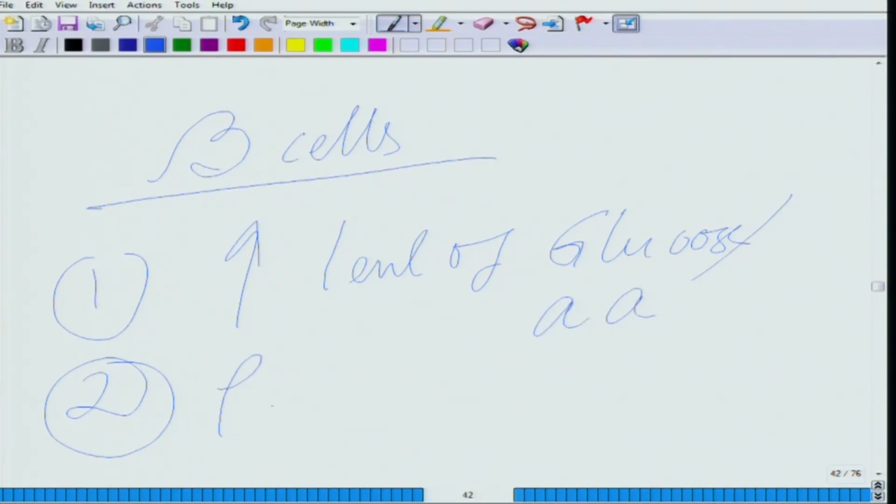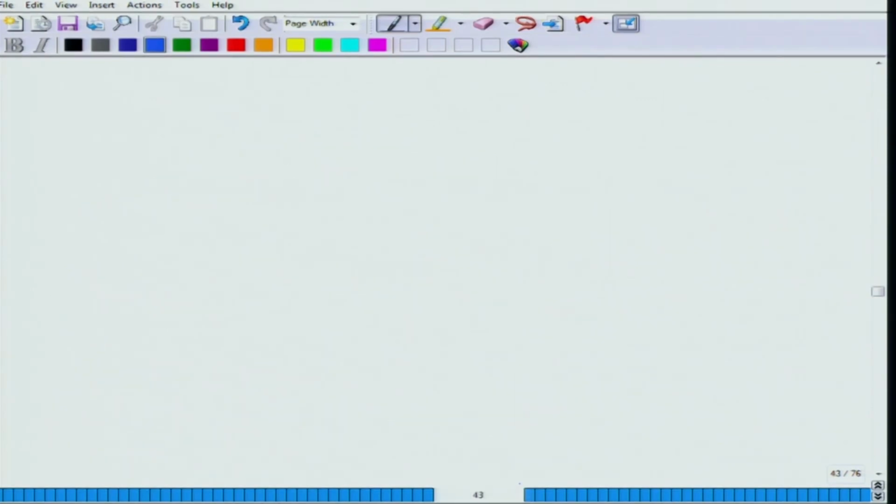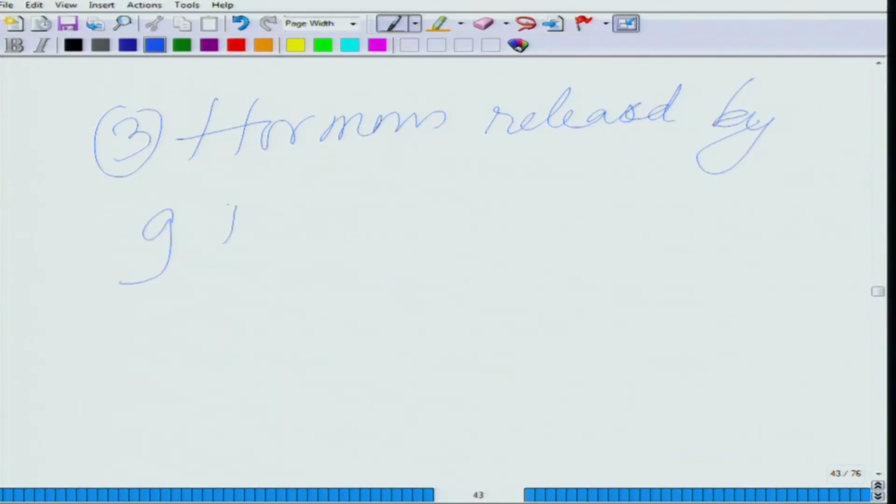Second thing, there is a parasympathetic signal, and the third thing is hormones released by the GI tract, such as cholecystokinin.